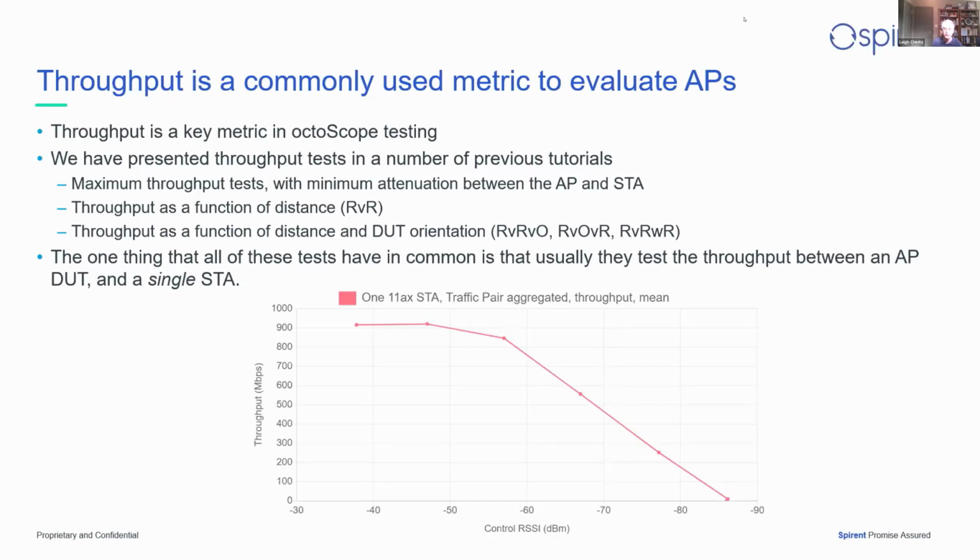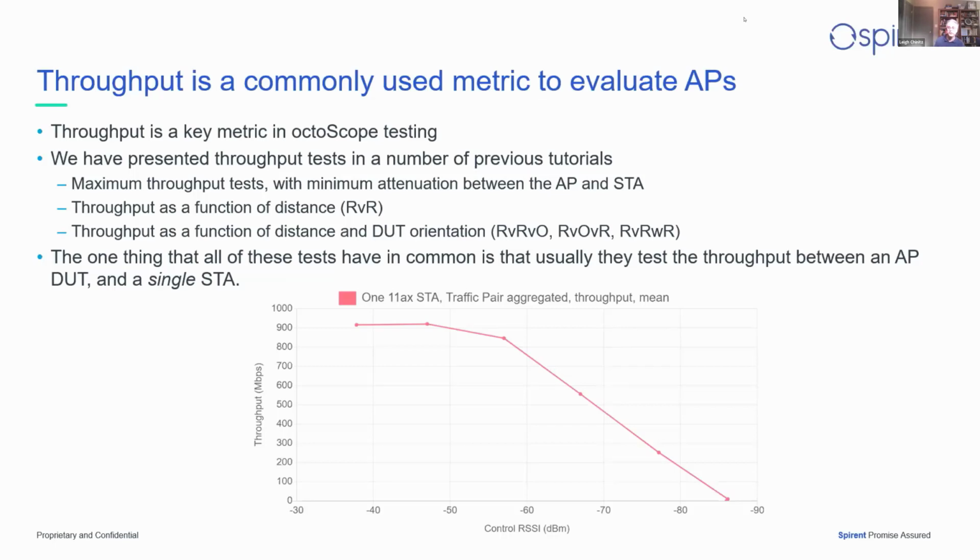In our previous tutorials, we've done throughput where we connected stations and access points with minimum attenuation to see what the maximum throughput is that could be achieved. We've done tests where we've shown the throughput changing as a function of attenuation or distance between the station and the access point.